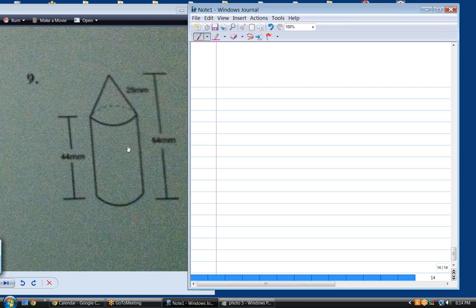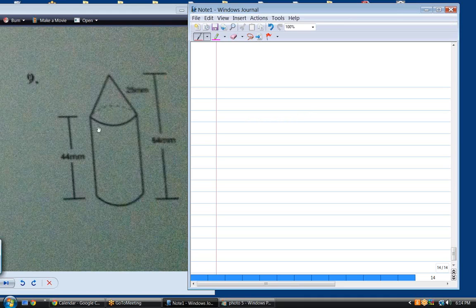What is the... Wow. Okay, they're going to make us do a lot of work on this one. They don't give us the radius of this thing. And in order to figure out the volume of the cylinder, or for that matter, the volume of the cone, we're going to need the radius of that circle.